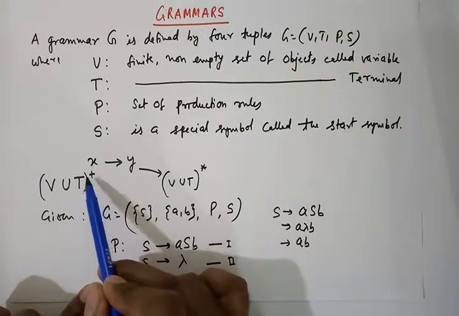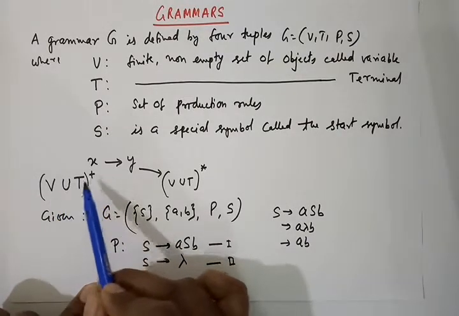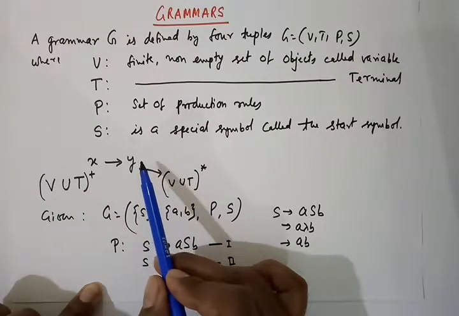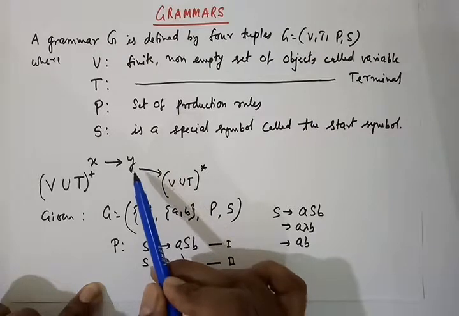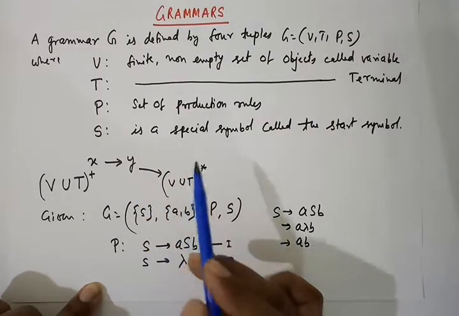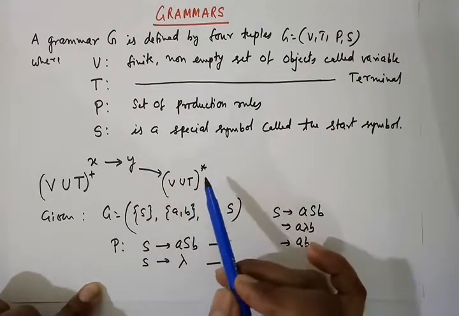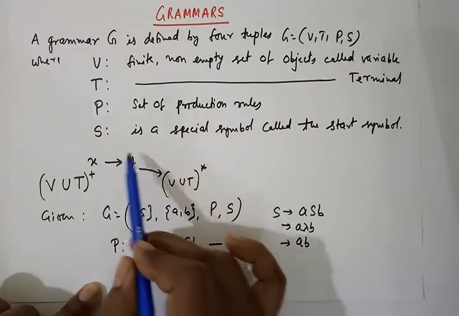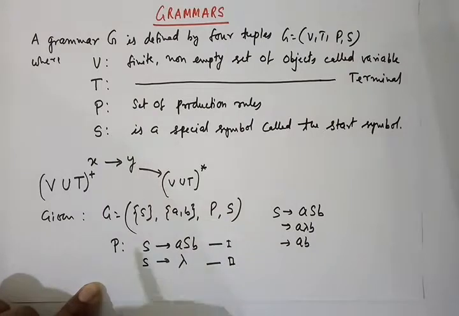So we put a plus sign here, (V union T) plus. Now, the right hand side of this production rule, that is y, can be either a variable or terminal symbol, including null. So we put a star here.